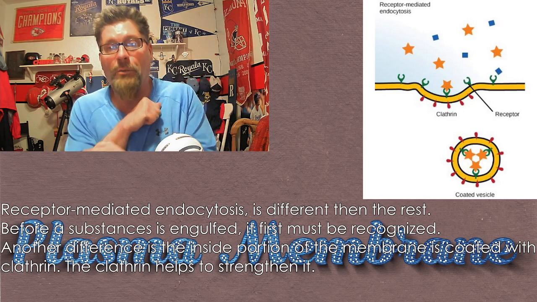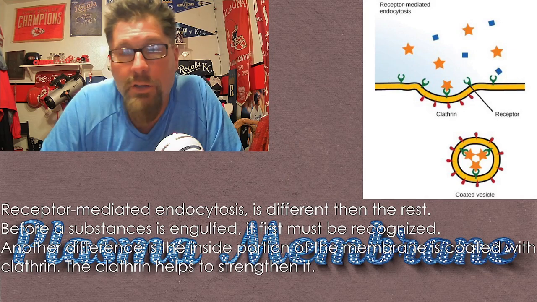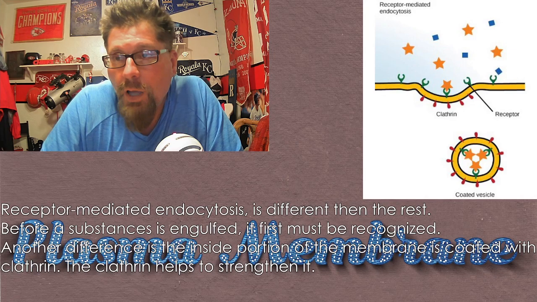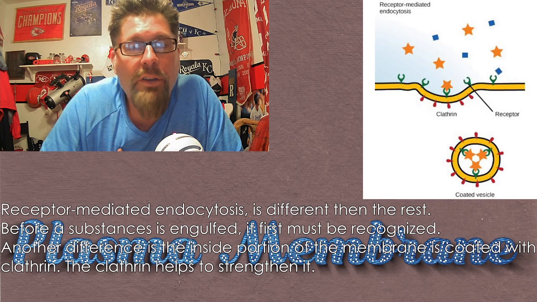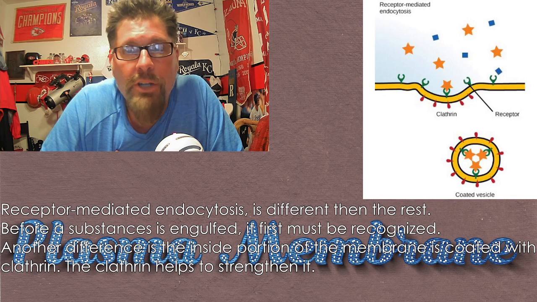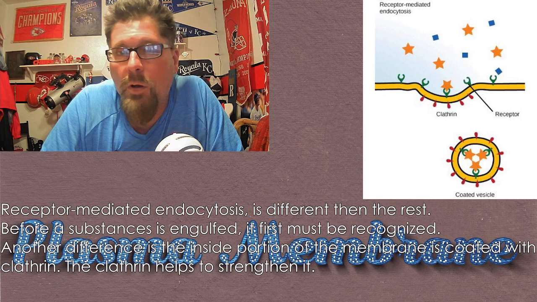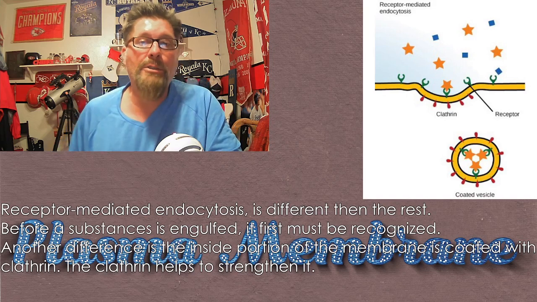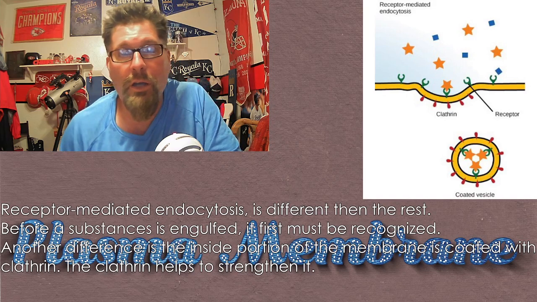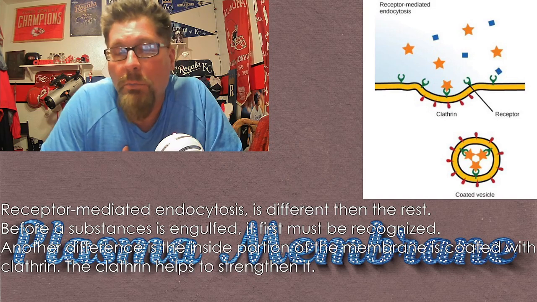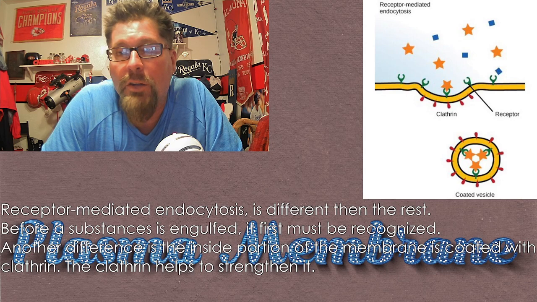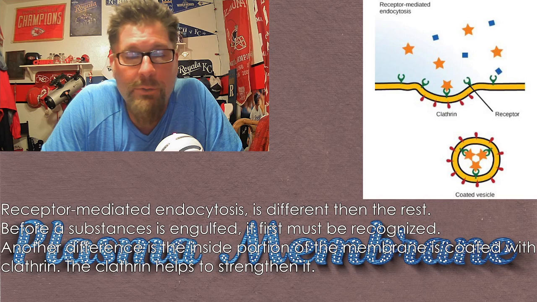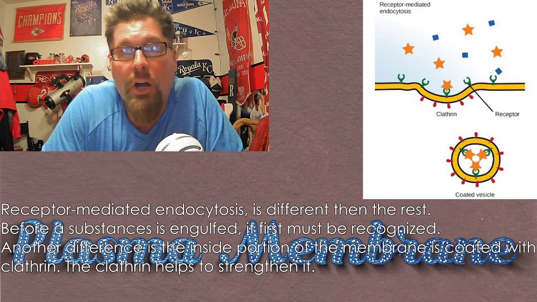Now, the difference that we can see here in this picture is these clathrins. These clathrins are little proteins that help strengthen that area that's going to be bringing in the material. Now, the clathrin happens in all of the types, in phagocytosis and pinocytosis also, but the difference is that in receptor-mediated endocytosis the clathrin stay on during transport.